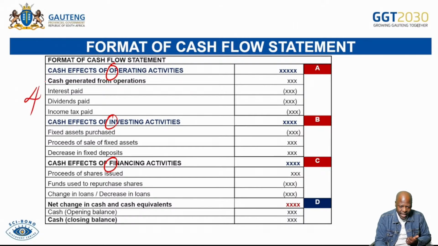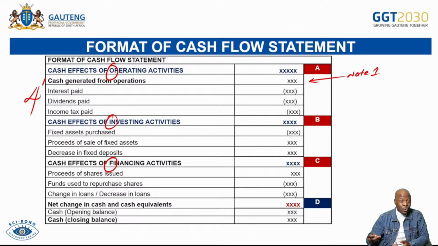The first one is cash generated from operations. And that one, I get it when I have opened my note to the cash flow. All right. Some call it note number 1, the note to the cash flow. That is the reconciliation of net profit before tax to cash generated from operations.